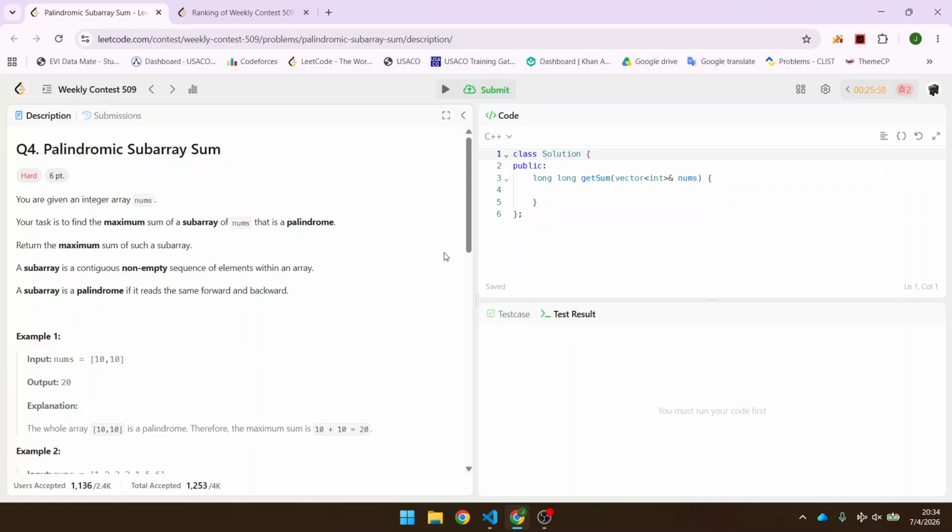We find the maximum sum subarray of nums that is a palindrome. Return the maximum sum of such a subarray. A subarray is a contiguous non-empty sequence of elements within an array. A subarray is a palindrome if it reads the same forward and backward.